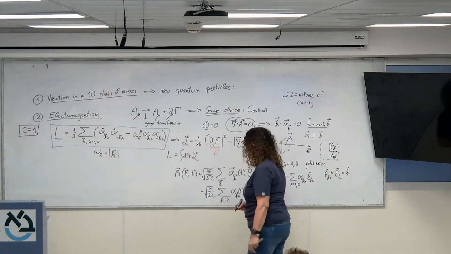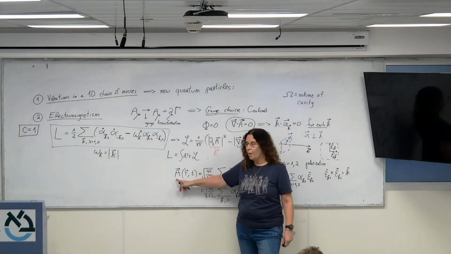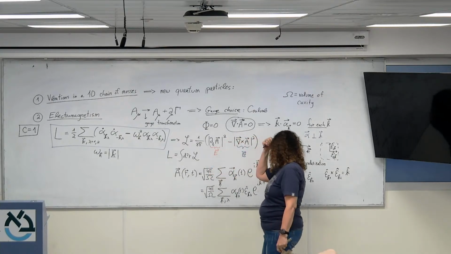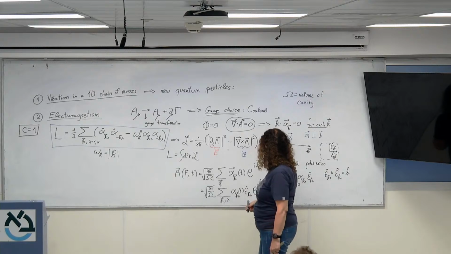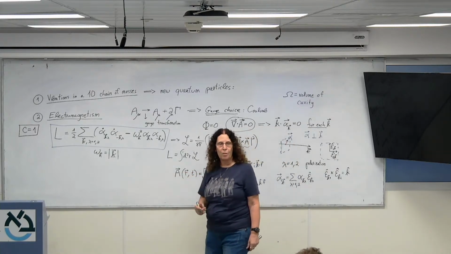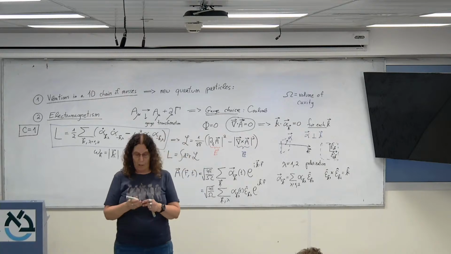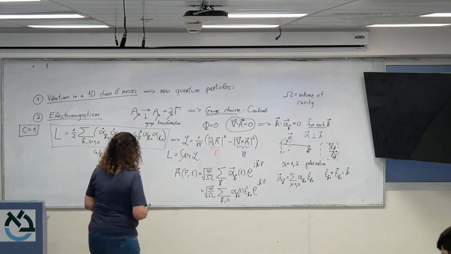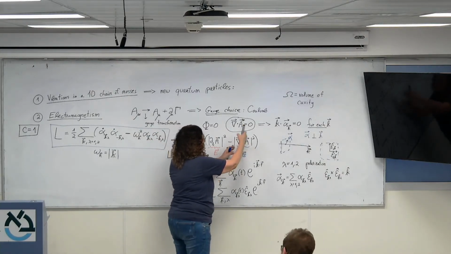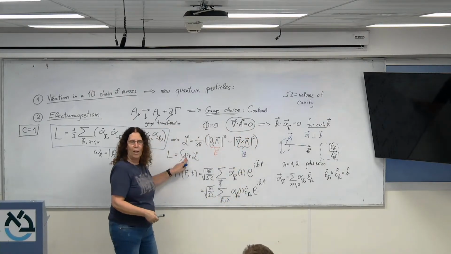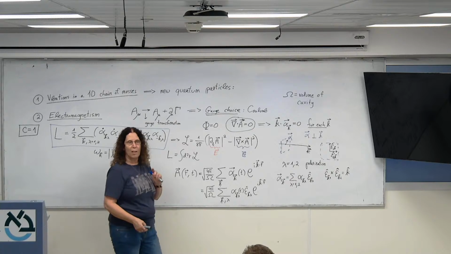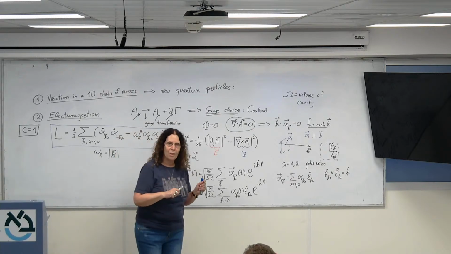If you have a real field, so A of r is defined as a real field, each component is a real function, therefore its Fourier components are related. When you plug in this kind of term squared and you integrate over r, you get a delta function of k plus k prime, and therefore k prime is minus k.